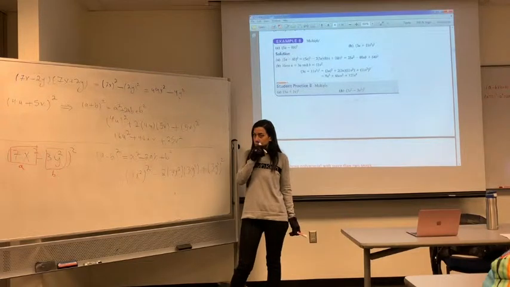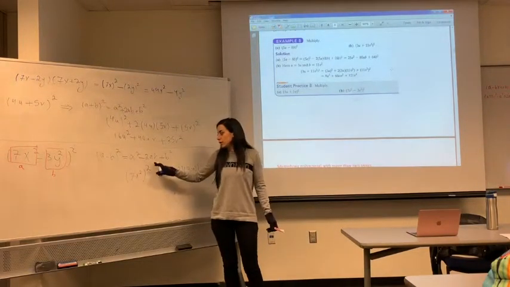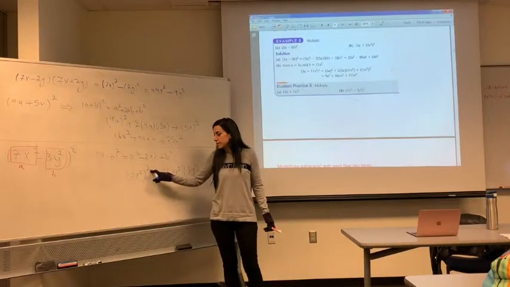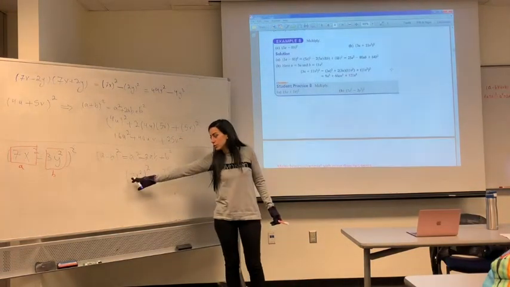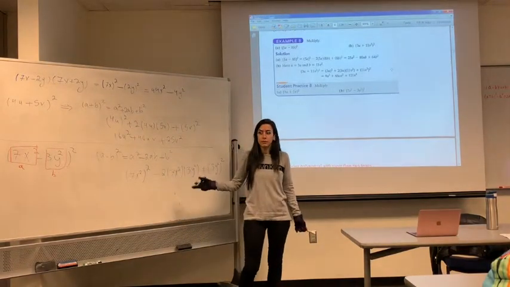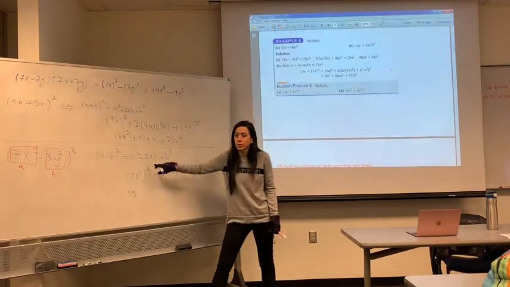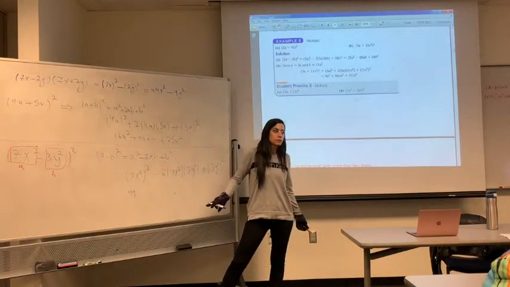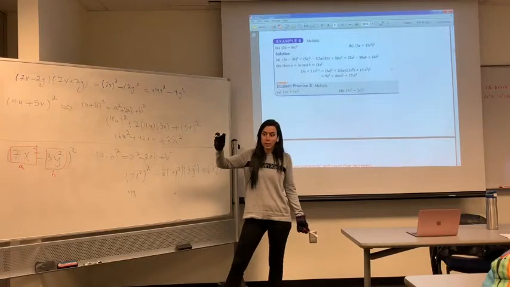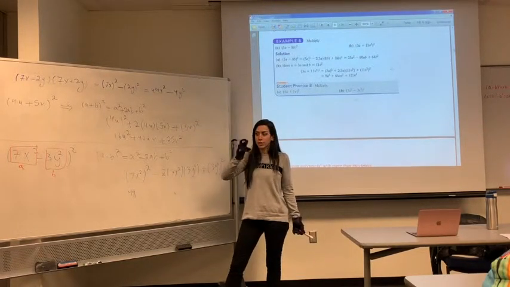Now we should continue. The first term is 7x squared power 2, meaning this square is for both this one and this one. 7 squared is 49, right? x squared power 2 means x squared multiplied by x squared, multiplied by itself, so we have x power 4.